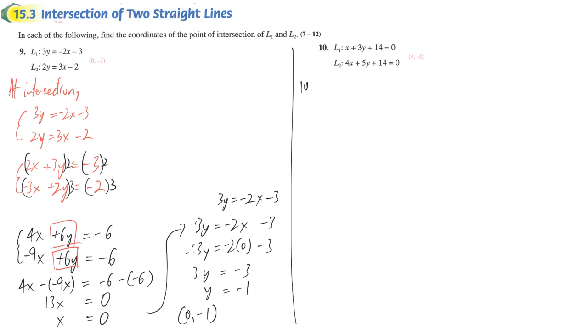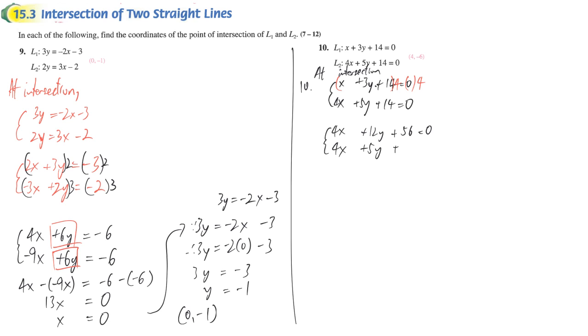So question 10 is similar, so we just solve the simultaneous equations for the intercept point. And then we try to solve it, maybe take the first equation, both sides times 4, so that I can have 4x. We have 4x and 4x.